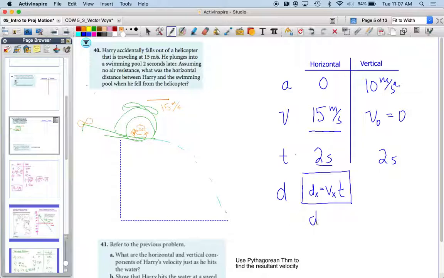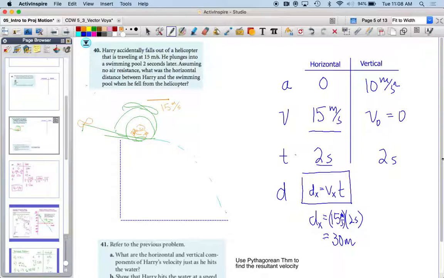So dx equals 15 meters per second times 2 seconds, which is 30 meters. And that's the answer to the first question.